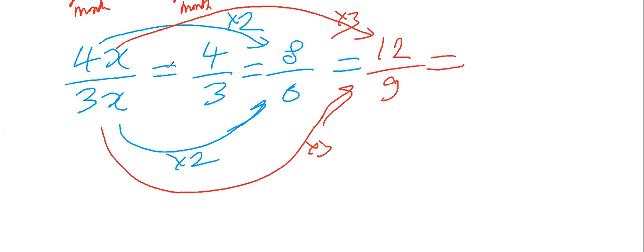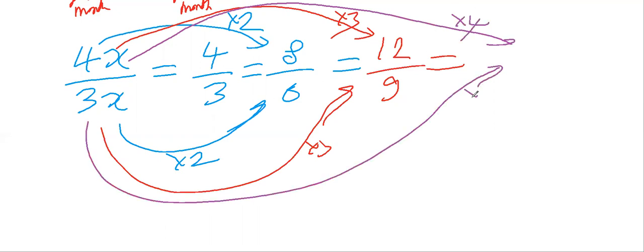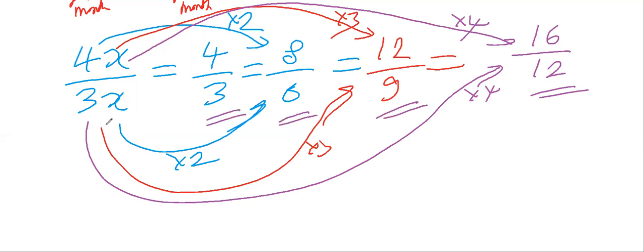You can even represent this as 4 into 4 and 3 into 4: 4 fours are 16, 3 fours are 12. But finally, in which way should you represent it? In the simplest form, that is 4:3. That's the meaning of that statement.